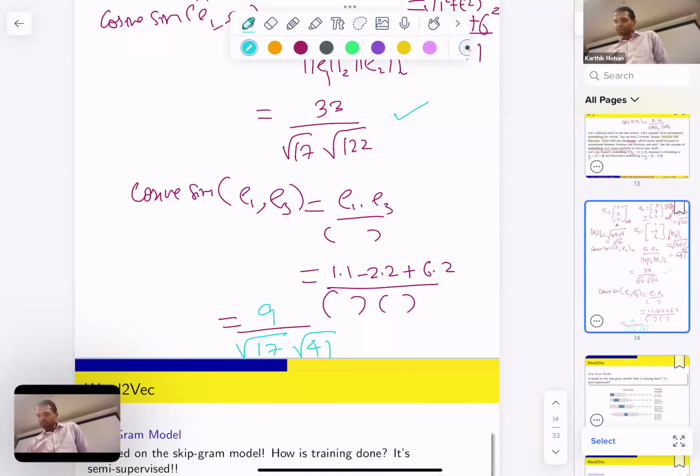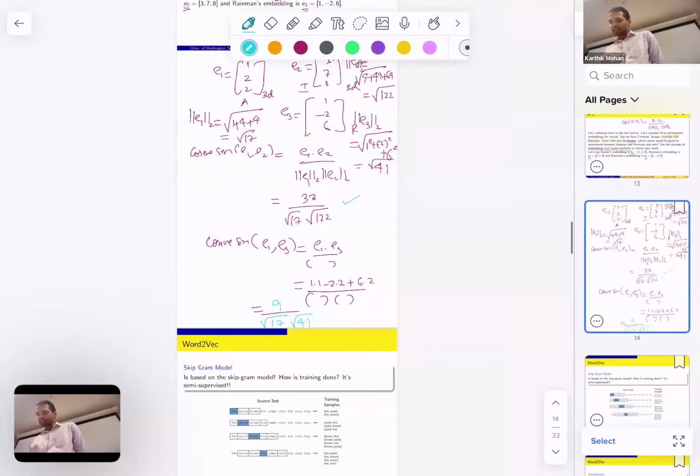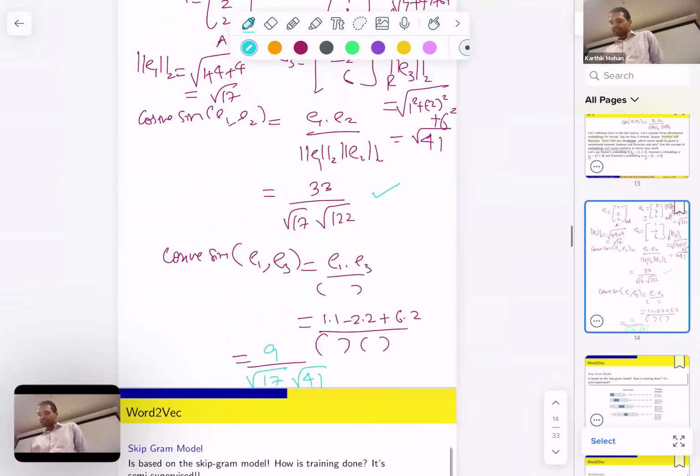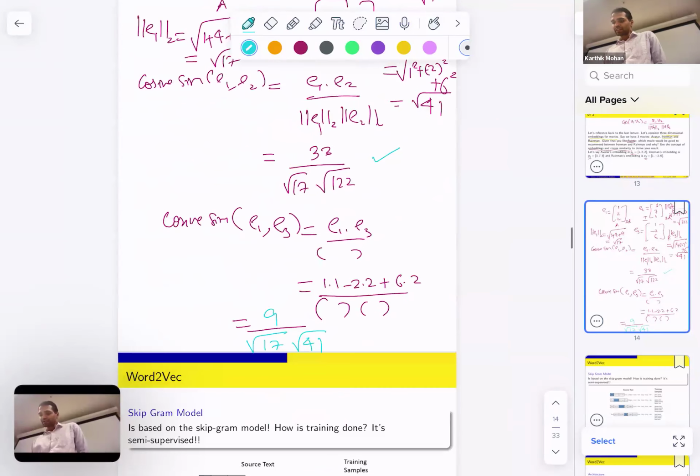Because the numerator is about 4 times bigger, but the denominator is not 4 times bigger. Is that right? You guys tell me. That's right. Okay, so the cosine similarity of E1, E2 is bigger than the cosine similarity of E1, E3. So I would predict Iron Man as a good recommendation for Avatar.